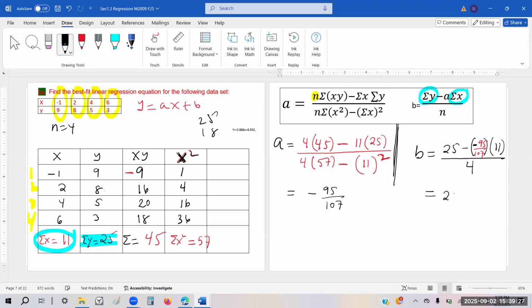So this is 25 plus 95 times 11 on the top divided by 107. Whatever you get at the end, divide that by 4. If you turn this into decimal, what do you get for this 95 over 107? 0.9.